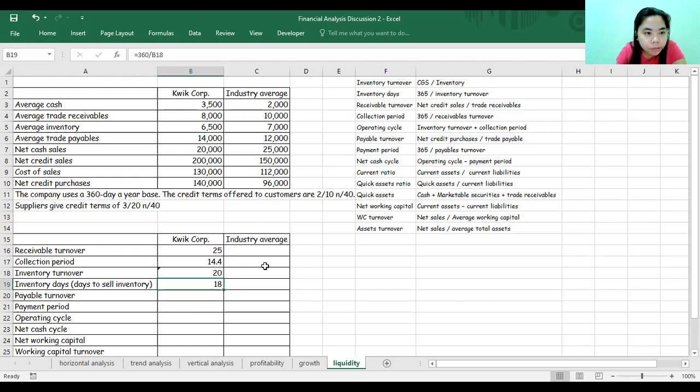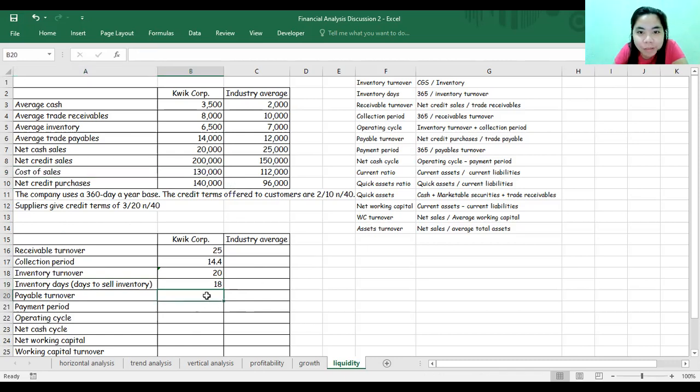So you have sold 18 times within 360 days. There you have collected 14 times within 360 days, and there you have sold 18 times. You sold 18 times in order to finish selling your inventory. Okay?